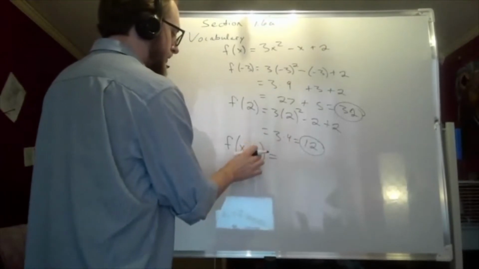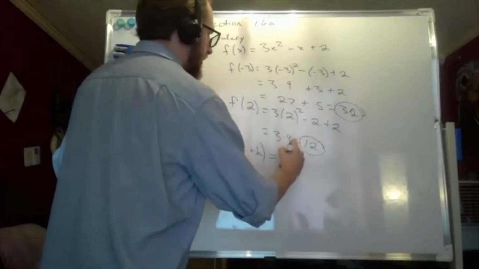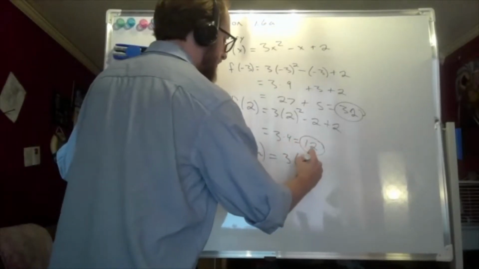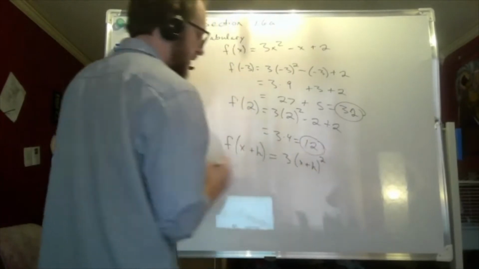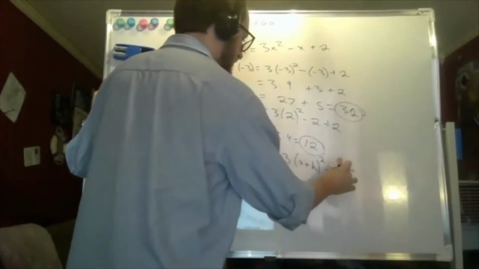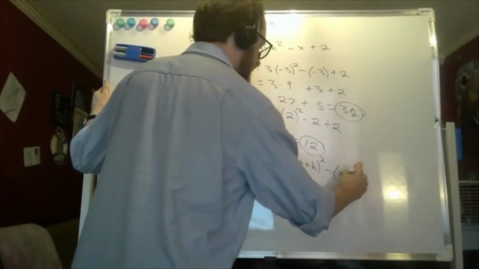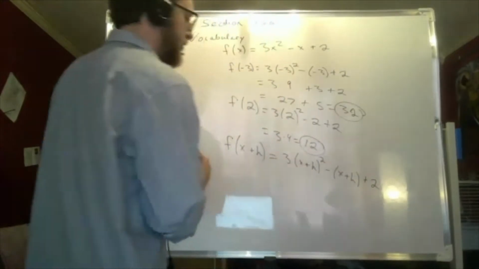So in this case, when we have x plus h, you want to make sure you keep this in parentheses. So we've got 3 times (x plus h), quantity squared, minus (x plus h) plus 2.